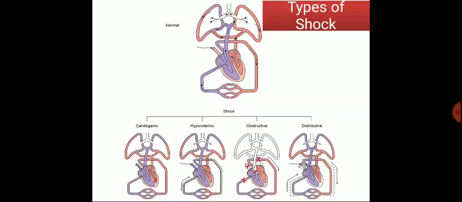In obstructive shock, there is an obstruction to the flow of blood, so that it does not reach and does not supply the other parts of our body. In distributive shock, there is septicemia, or it is neurological in type.